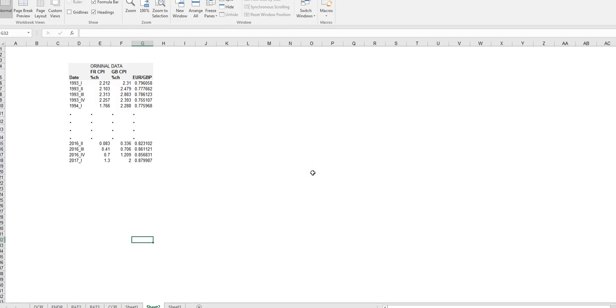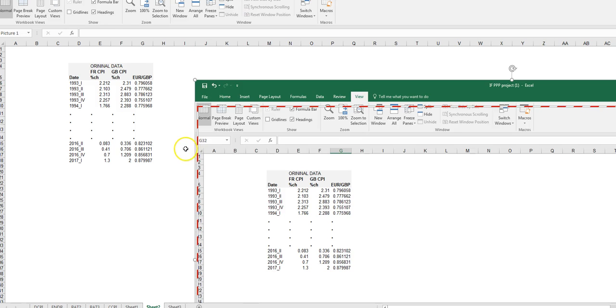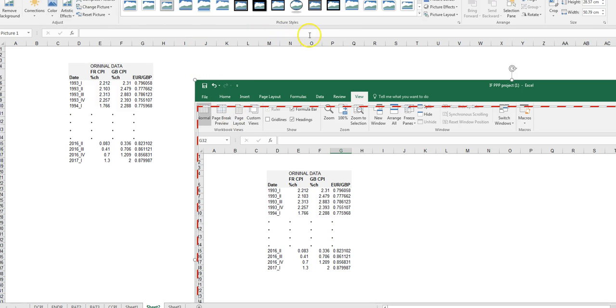If you then do Shift Print Screen and then Control V, you can then trim it using Picture Tools, crop, do this sort of thing hundreds of times.